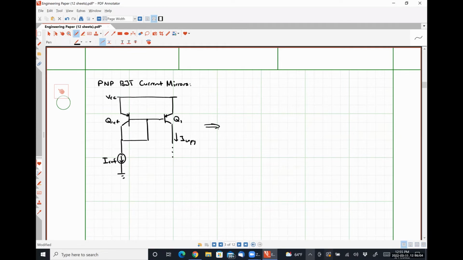So that we wind up having something like this. So this current is the IREF that's being supplied by our band gap reference circuit.